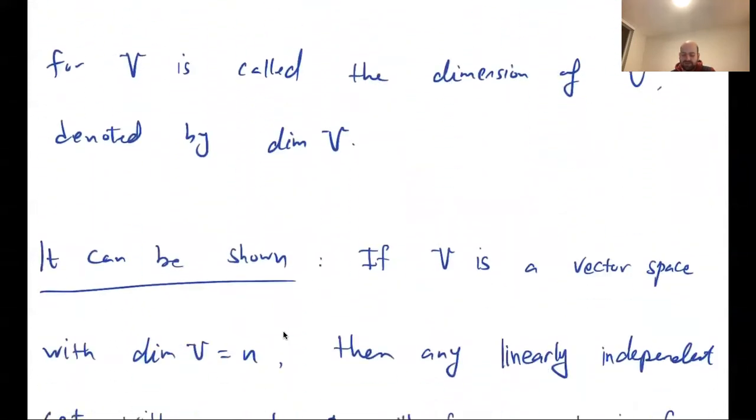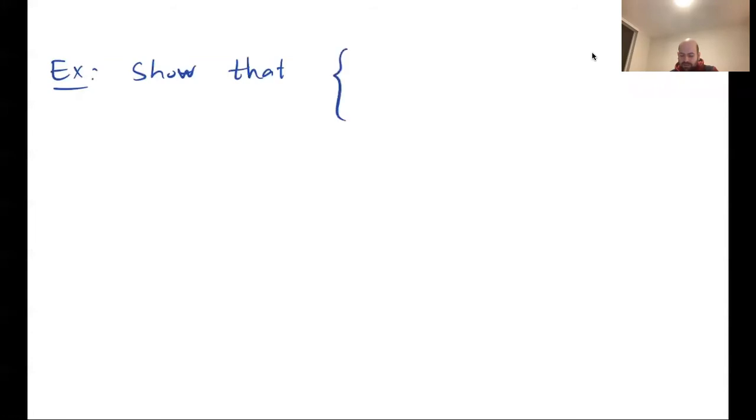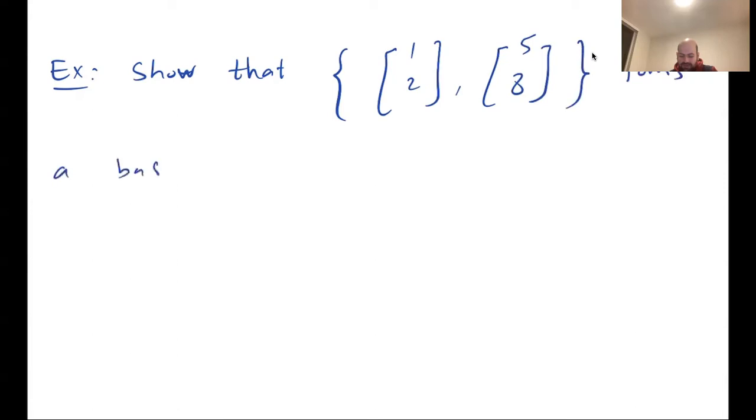So let me give you an example. Show that this set, for example, (1, 2) and (5, 8), forms a basis for V equals R2.